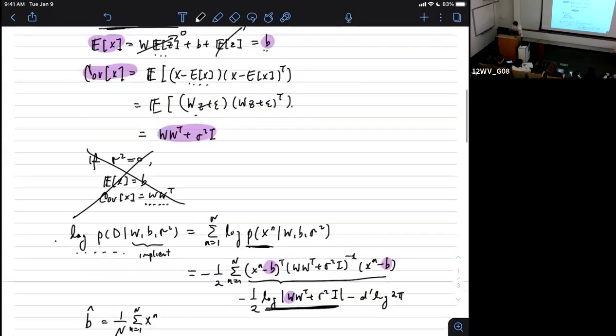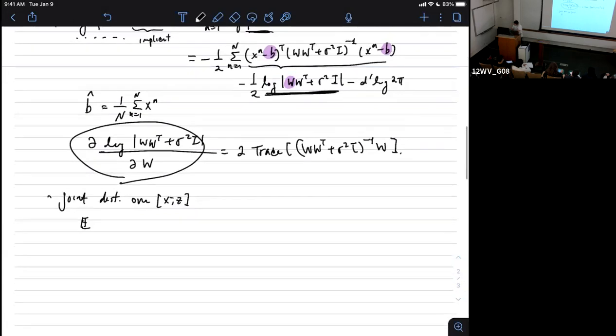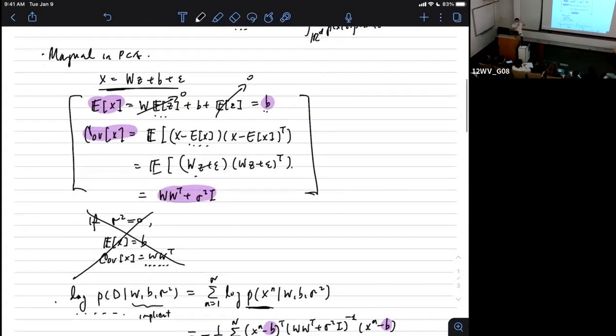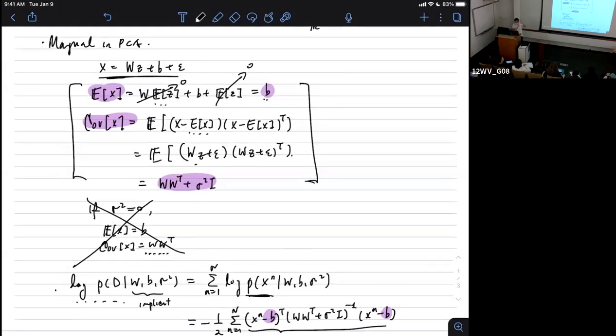So under those assumptions, we ended up with this marginal distribution over x. The marginal distribution of z is the prior that we have defined, and with that conditional distribution, which is just a linear function of z, we end up with the marginal distribution over x, where the mean is b, the bias, and the covariance is w times w transpose with some regularization, adding some values on the diagonal.